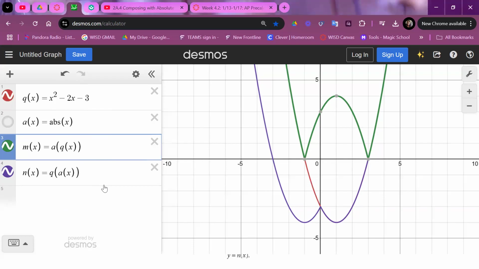If I'm putting the entire function in, it's going to take all of my negatives and turn them into positive. If I'm only changing my x to absolute value, that means that my negative x's are going to now reflect, mirror my positive x's. Does that make sense?